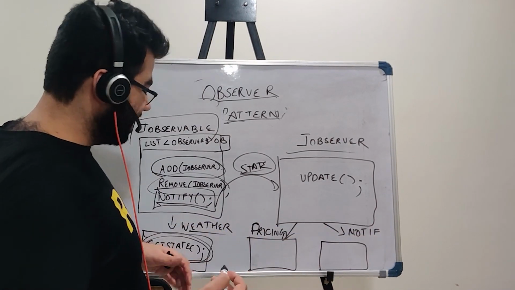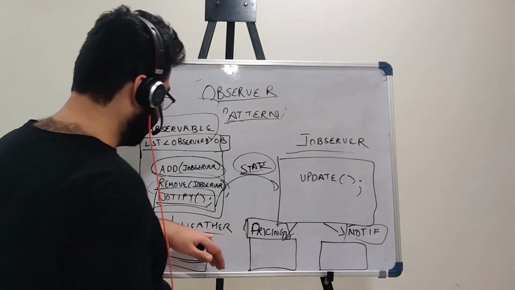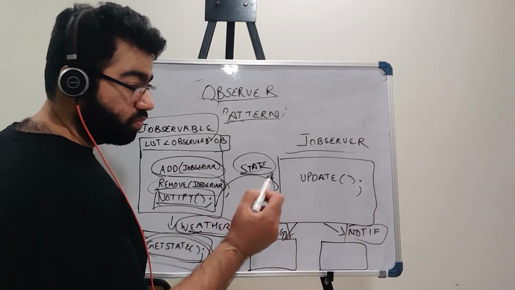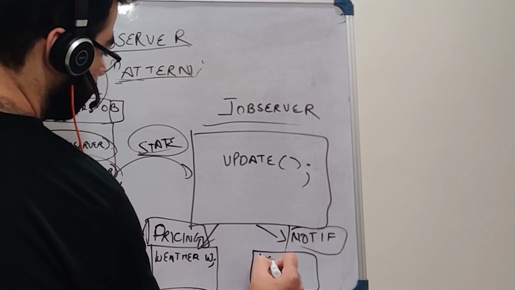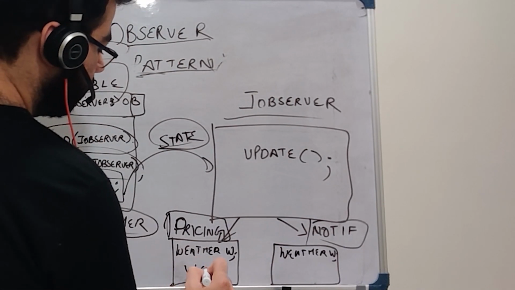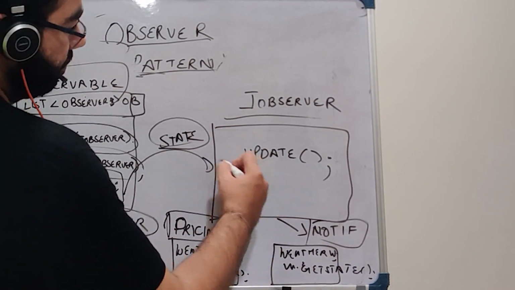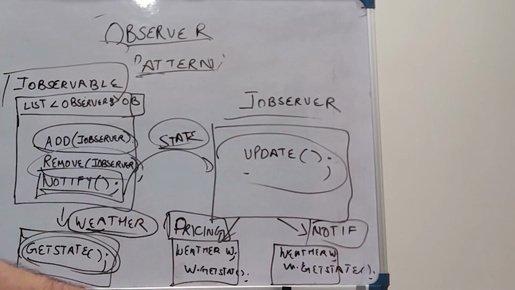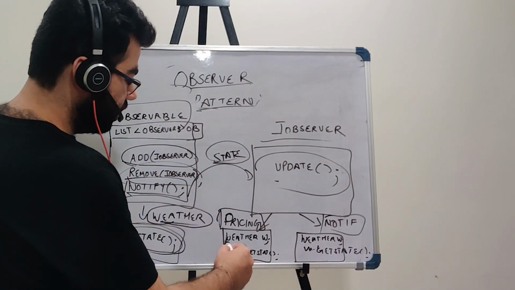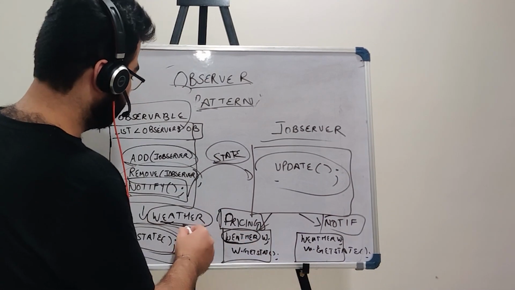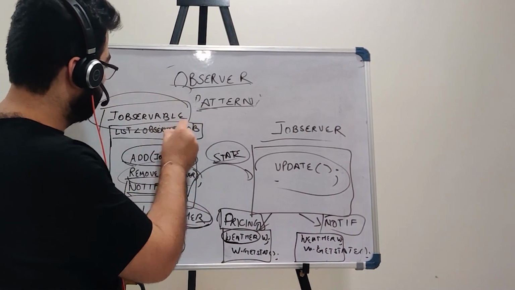To be able to call this getState function, these classes should also have access to an instance of this weather class. So we would have Weather w in this also, and we would simply call w.getState. We will call this w.getState probably inside this update function. Whenever this update function is called, we'll call getState. One important thing to notice here is that we are taking an instance of the weather class directly. We are not creating an instance using the interface IObservable.